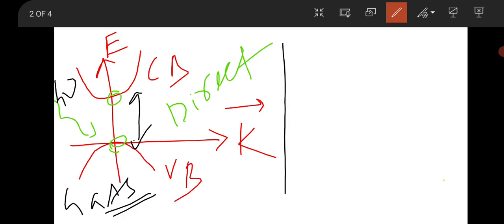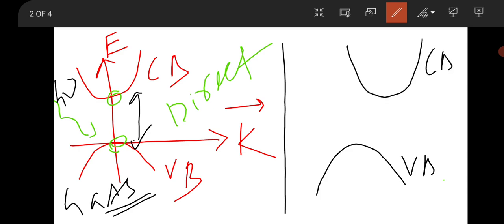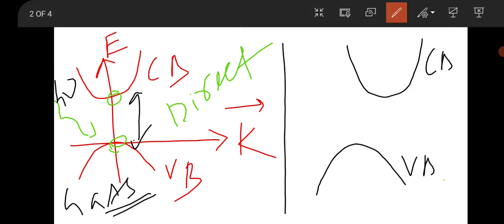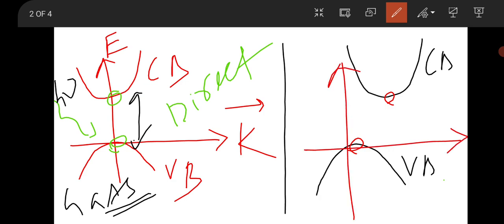On the other hand, for the indirect band gap material, what happens? The maxima of the valency band and the minima of the conduction band do not coincide. So whenever an electron gains energy from the photon and tries to move from the valency band to the conduction band, it cannot directly jump to the conduction band.